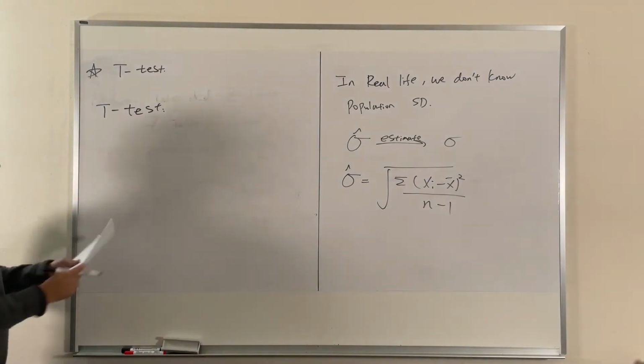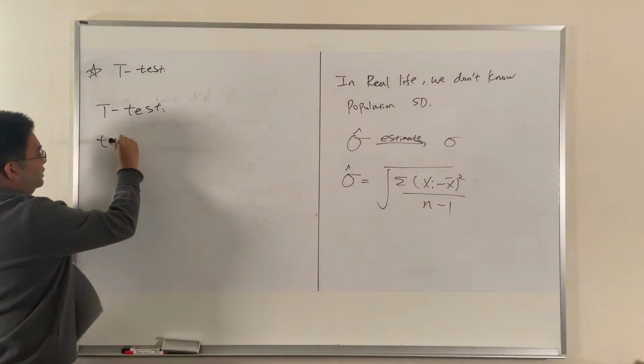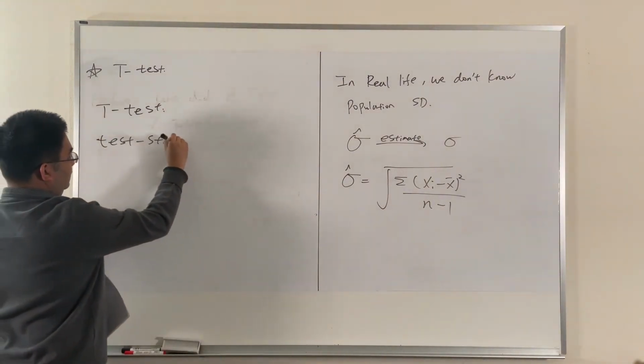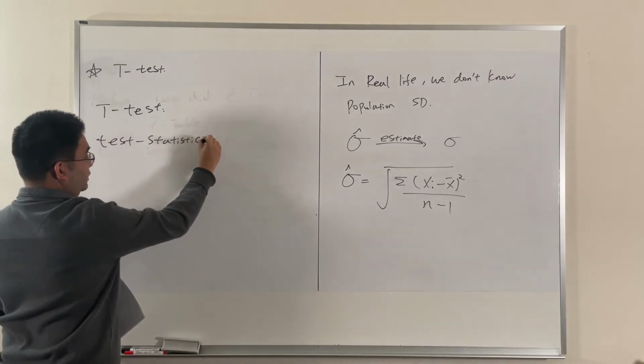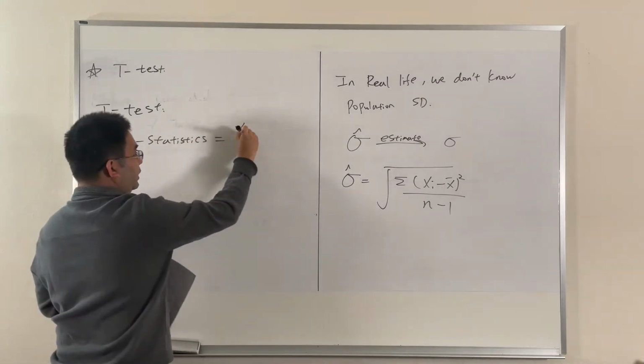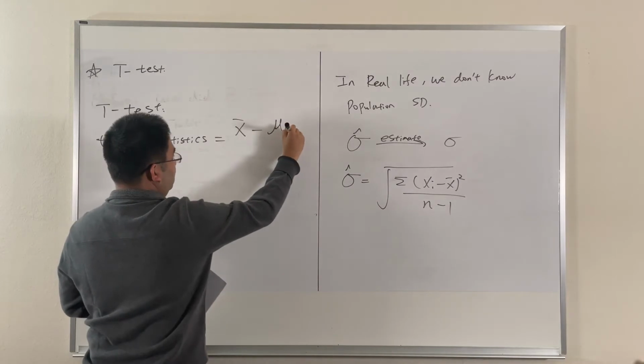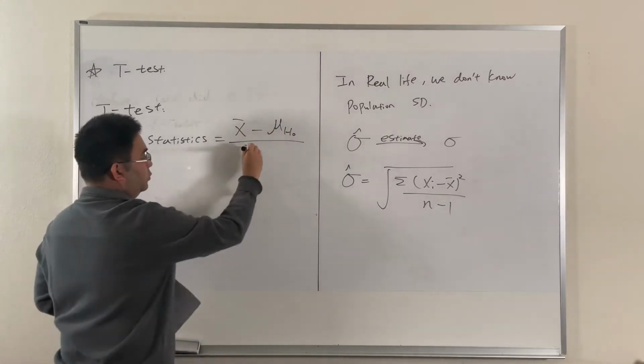For the t-test, the test statistic stays the same, equal to your sample mean minus mu h naught divided by your standard error.